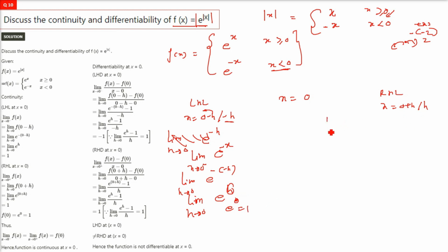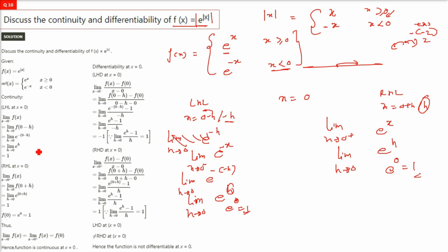Similarly here, right hand limit h tends to 0 plus. So you are telling that I am going on the right now. So 0 plus h, that is h you are going to replace, and for that on the right the function has to be x greater than or equal to 0, e raised to x. In place of x I have replaced it by h, e raised to h, now replace it by 0, e raised to 0 is 1. Anything to the power 0 is 1. So both are 1.